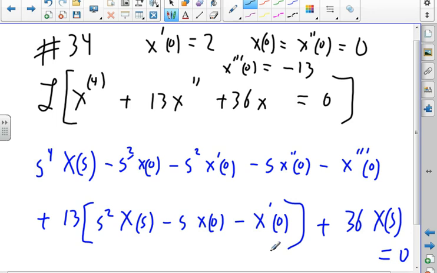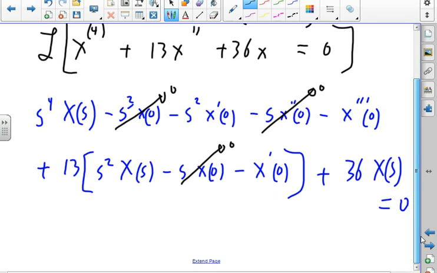Okay. Applying some of the initial conditions, x at 0 is 0. x double prime at 0 is 0. Okay.